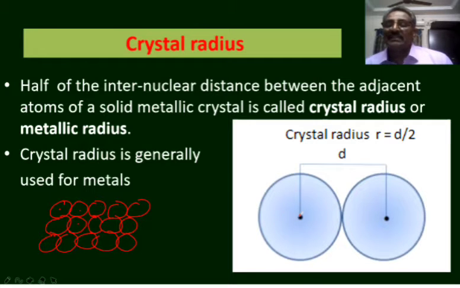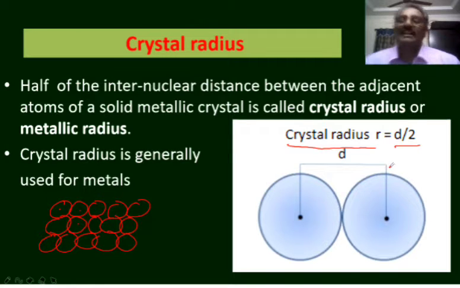These are the nuclei of those two metallic atoms, and the distance between them is d. Then crystal radius is half of this distance. That is, crystal radius R is equal to d by 2. So how is the crystal radius defined? Half of the internuclear distance between the adjacent atoms of a solid metallic crystal is called crystal radius or metallic radius, as this crystal radius is mainly used for metals.